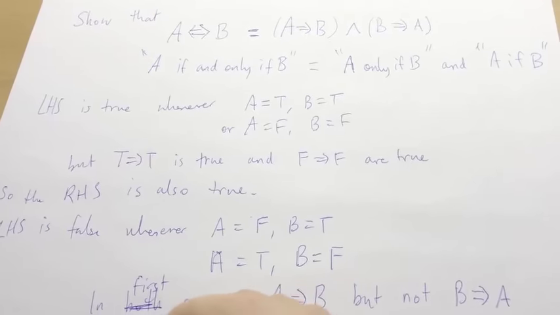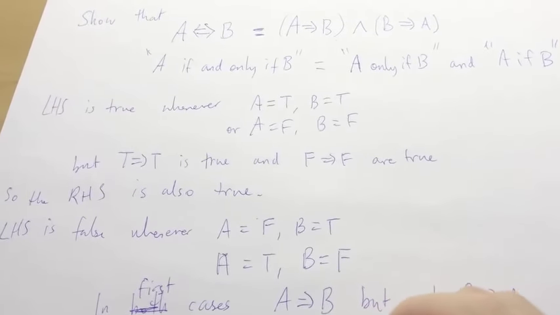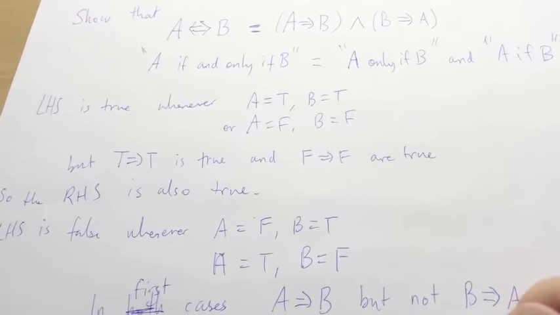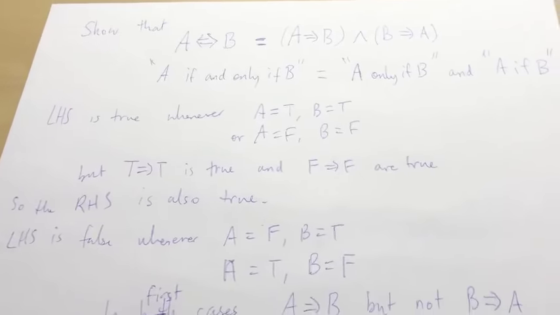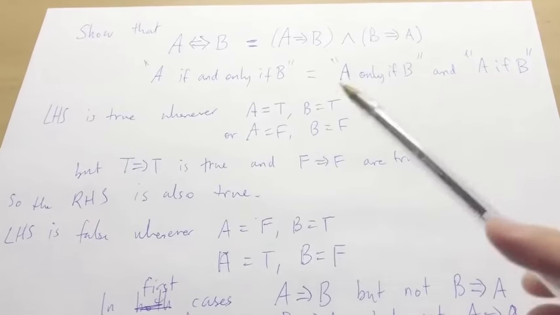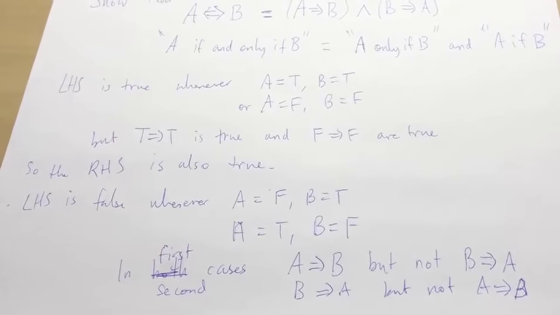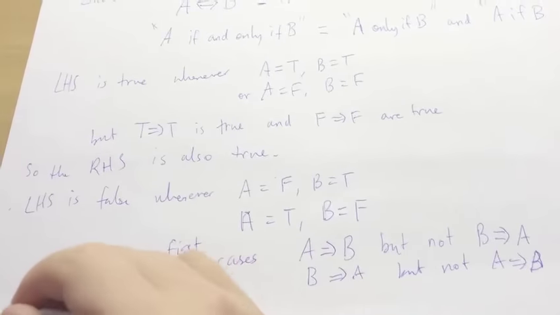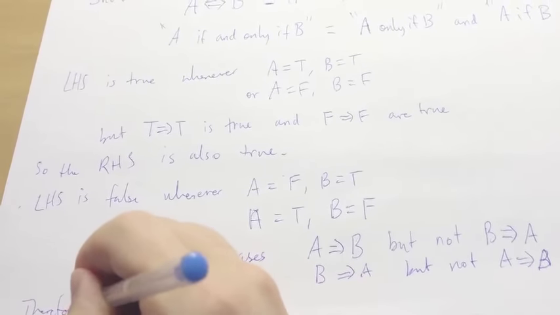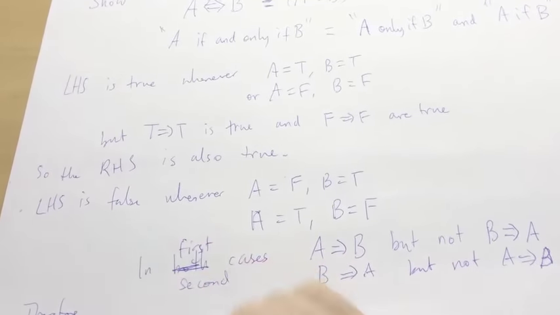And in the second case, B implies A is true, but not A implies B. And we needed both of them to be true for the AND statement to be true. And so therefore in both cases, the right-hand side will be false.